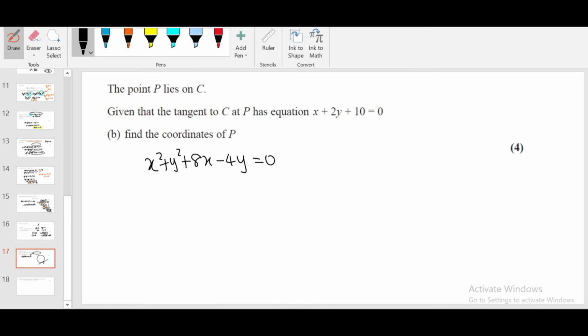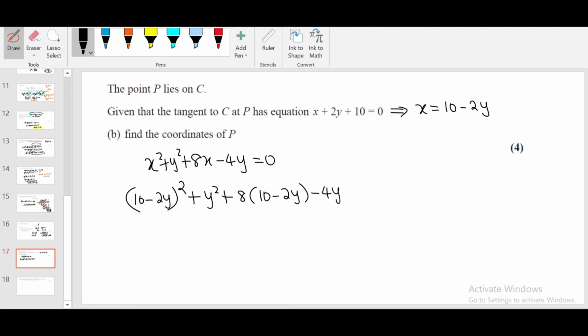So you will get the x and y coordinates of P. So what I'm going to do, I'm going to make x as a subject here, which is 10 minus 2y. Sub in the place of x here. 10 minus 2y whole square is x square plus y square plus 8 times x, 8 times 10 minus 2y minus 4y is 0. Open the bracket and solve for y.